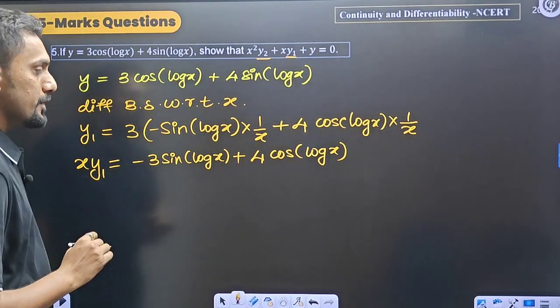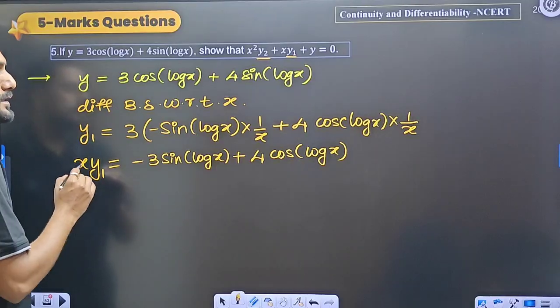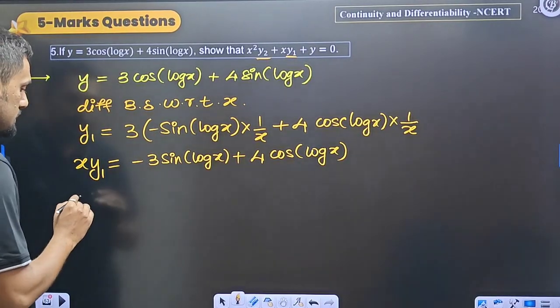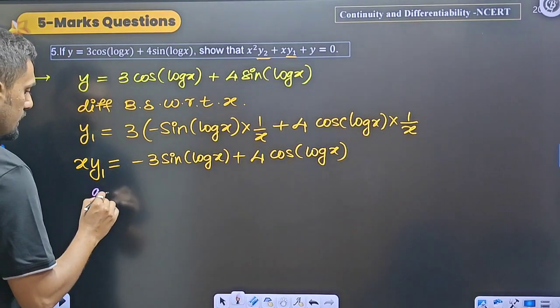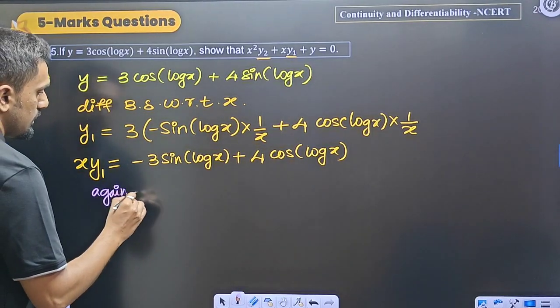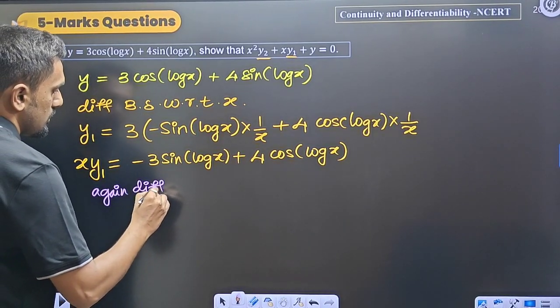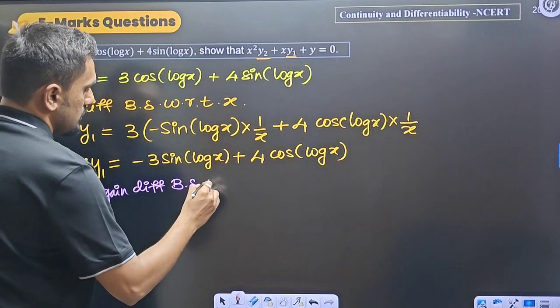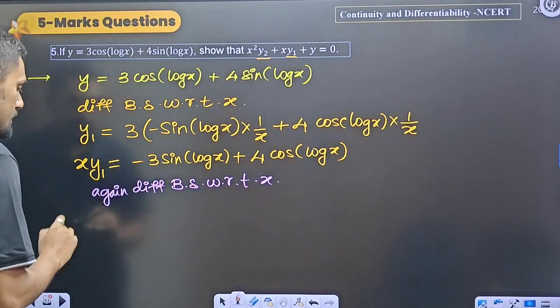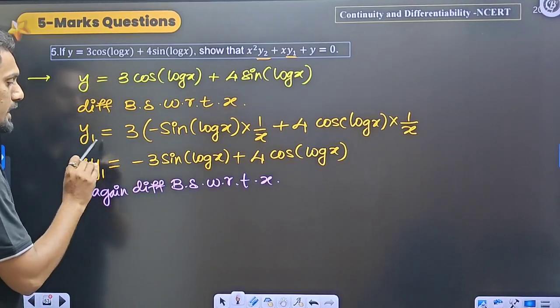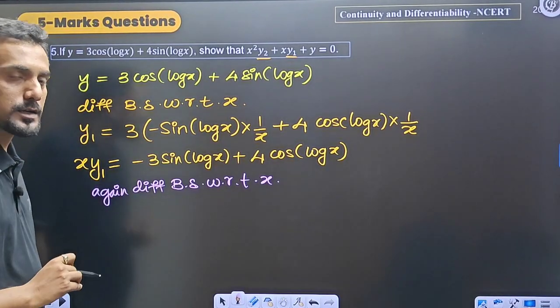Then again I have to differentiate this with respect to x. So differentiating both sides with respect to x. Then while differentiating x into y1, I should use product rule.